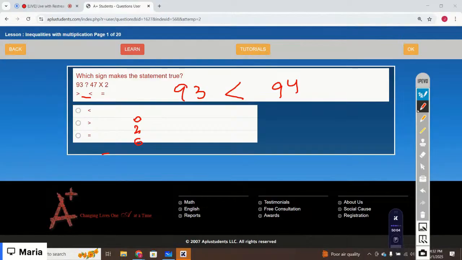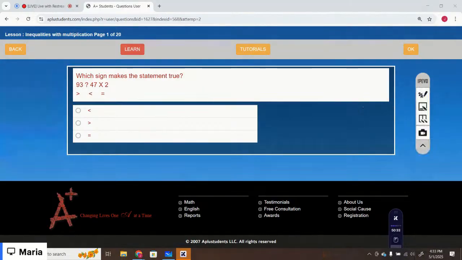The correct option is less than. Option number 1 is the correct option. 93 is less than 94.